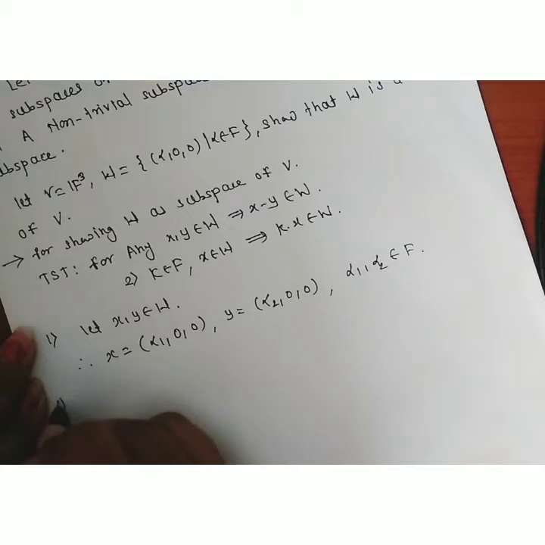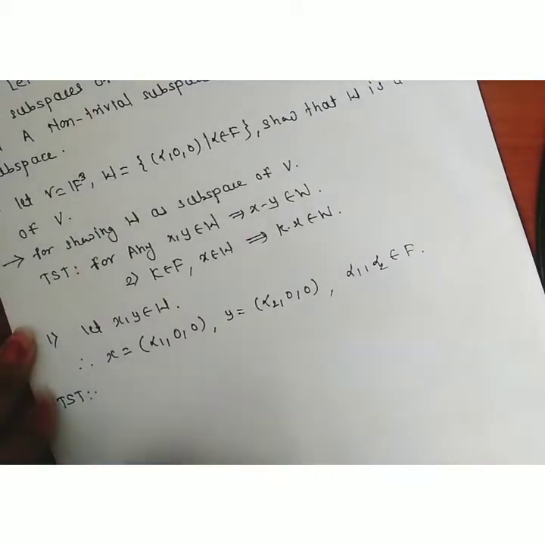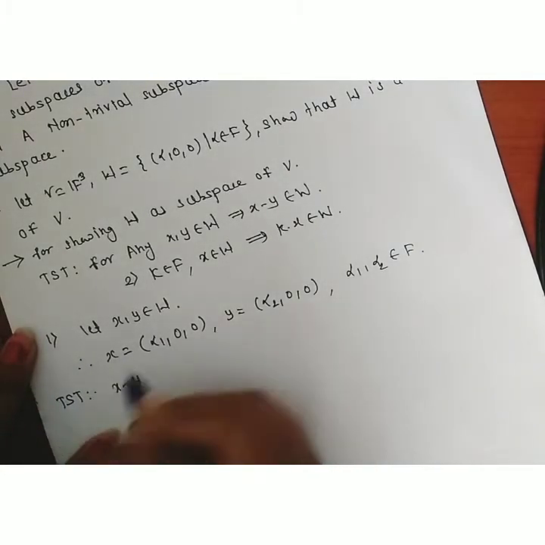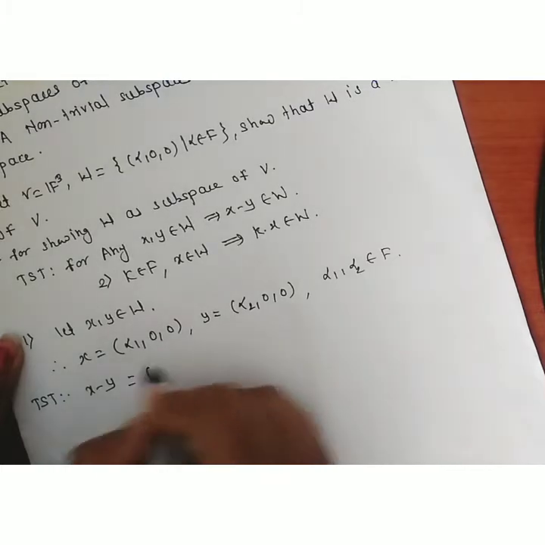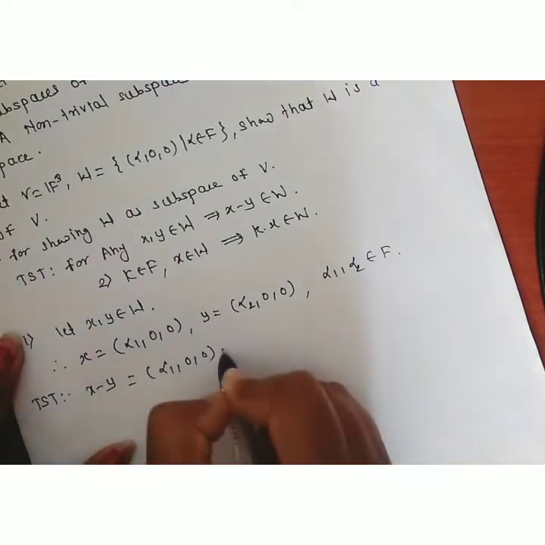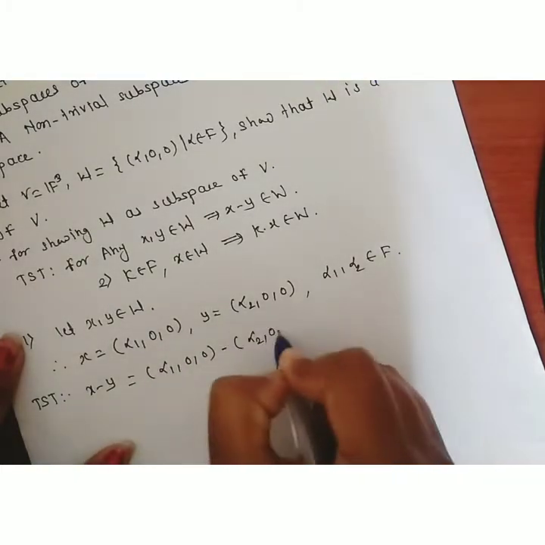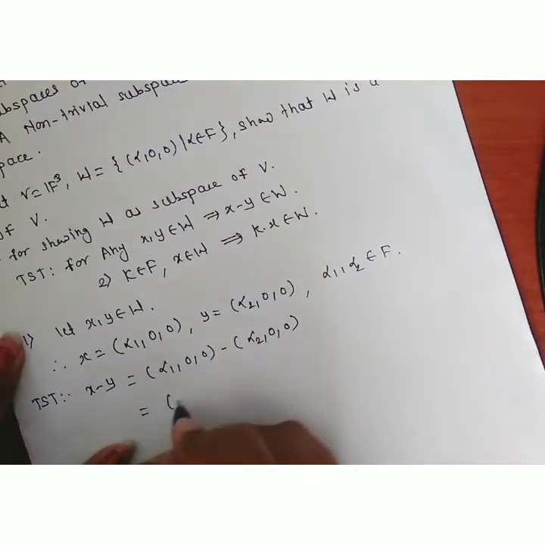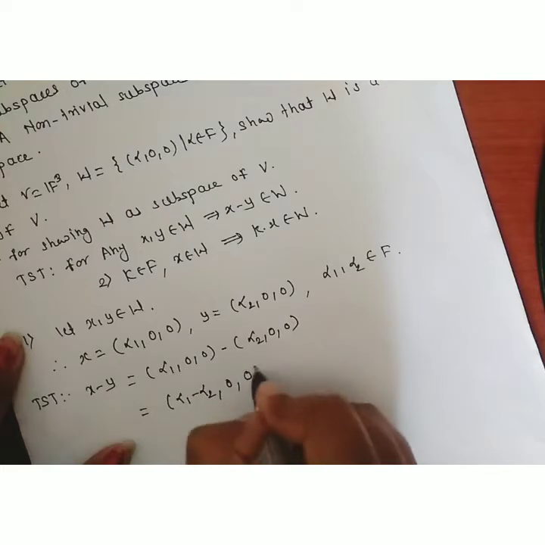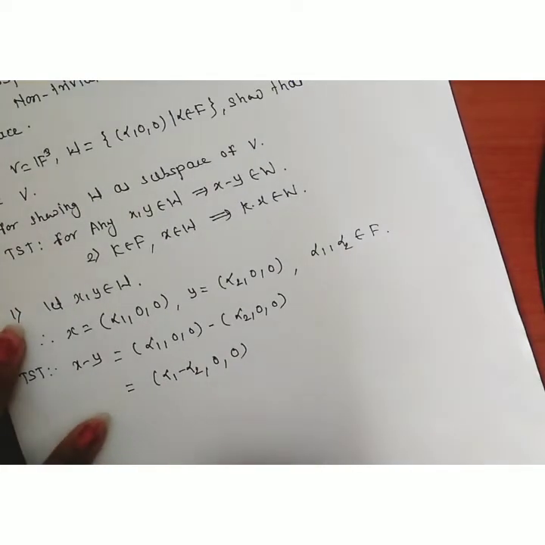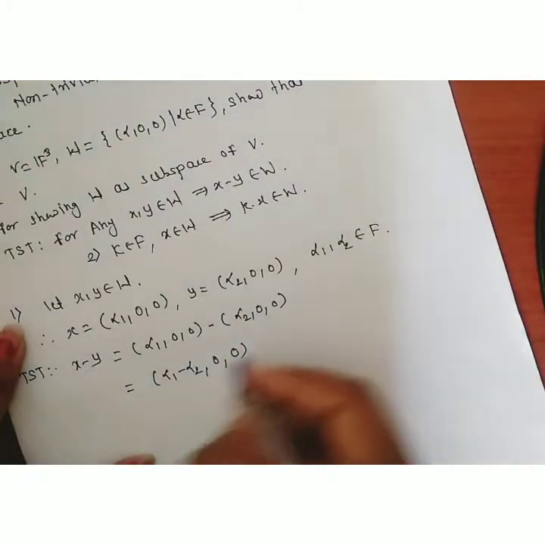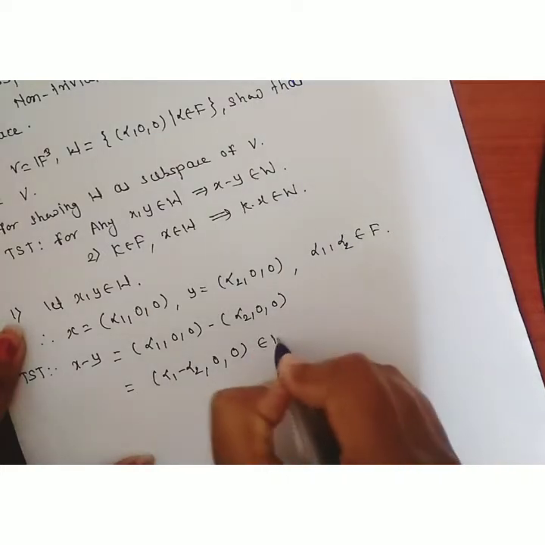Now we have to show that x minus y belongs to that set. Consider x minus y. x is (alpha1, 0, 0), minus y, which is (alpha2, 0, 0). Taking the subtraction of these two elements: (alpha1 minus alpha2, 0 minus 0, 0 minus 0) = (alpha1 minus alpha2, 0, 0). Why does this belong to W?